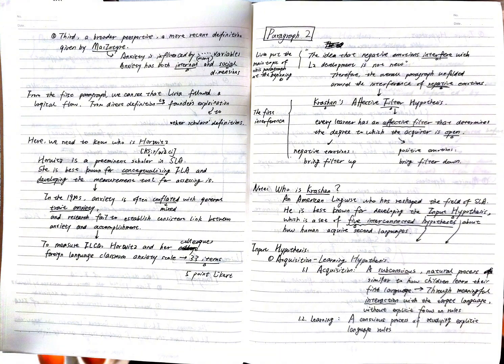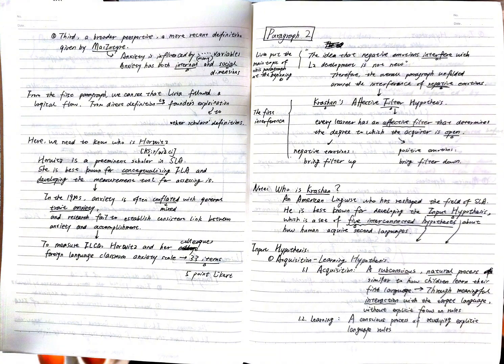He is an American linguist who has reshaped the field of second language acquisition, and he is best known for developing the input hypothesis, which is a set of 5 interconnected hypotheses about how humans acquire second languages. And I will then introduce the 5 hypotheses that Professor Krashen has proposed. And the previous one, which is about the affective filter hypothesis, is one of them.